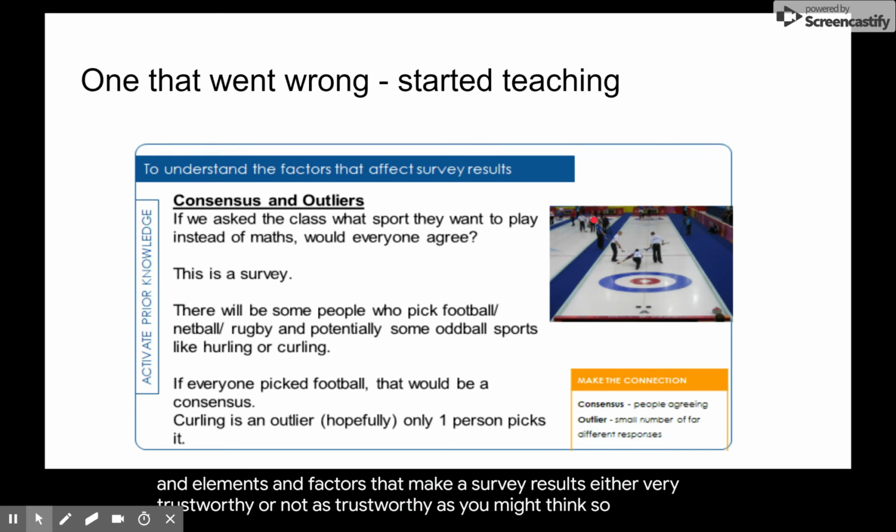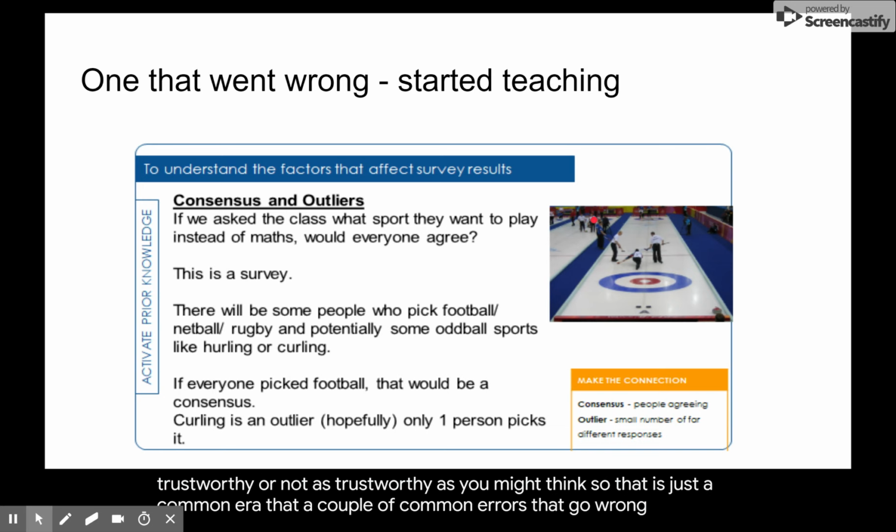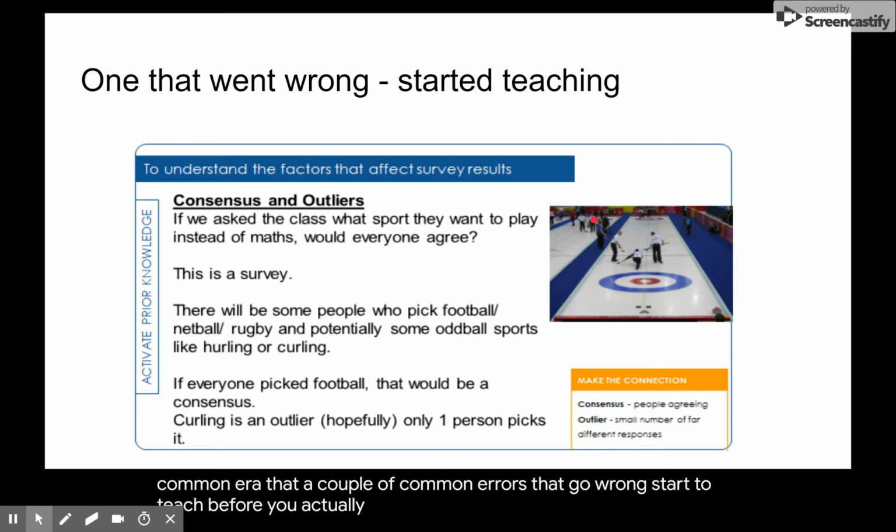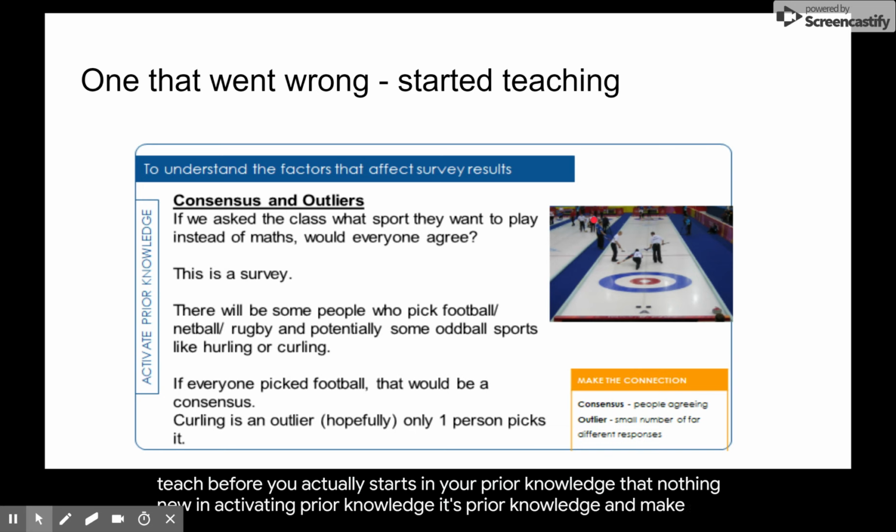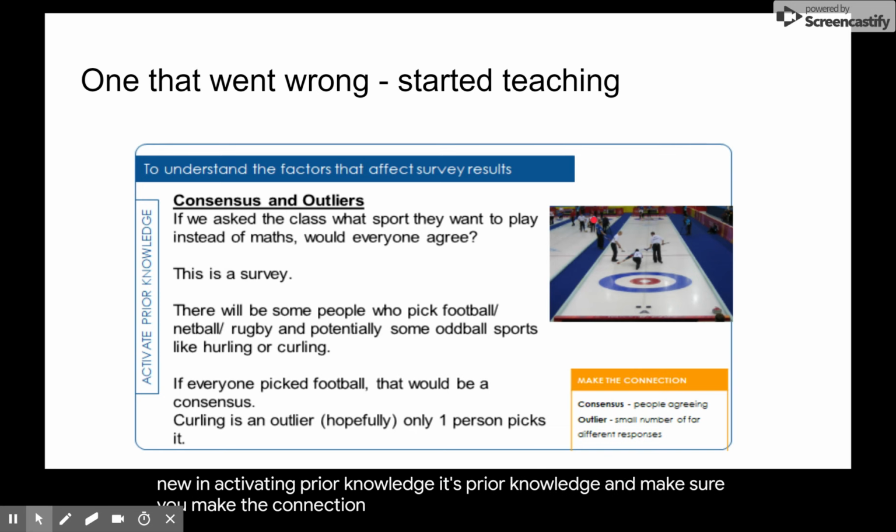So that is just a couple of common errors that go wrong. You start to teach in your prior knowledge. Don't do that. Nothing new in activating prior knowledge. It's prior knowledge. And make sure you make the connection to the actual learning that day.